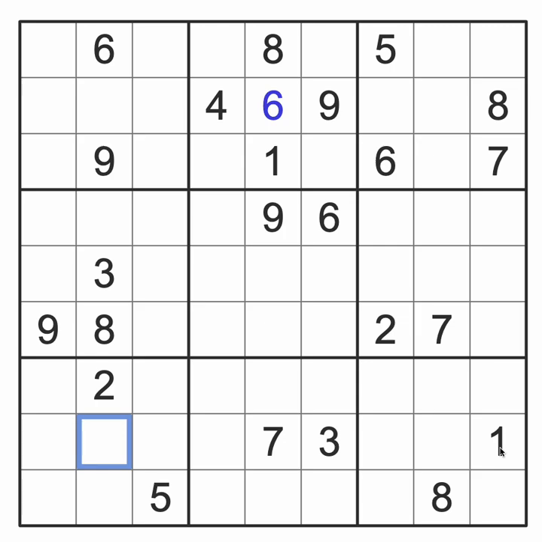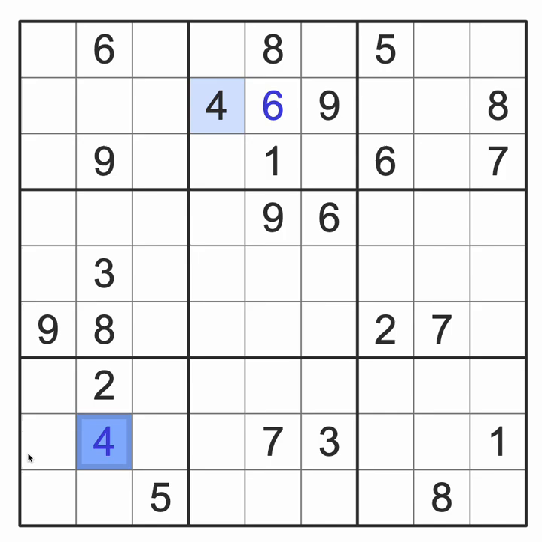It's blocked by 1, 2, 3, not by 4, 5, 6, 7, 8, 9. So only 4 doesn't cover this cell, so this is 4, and this 1, 5, 7.